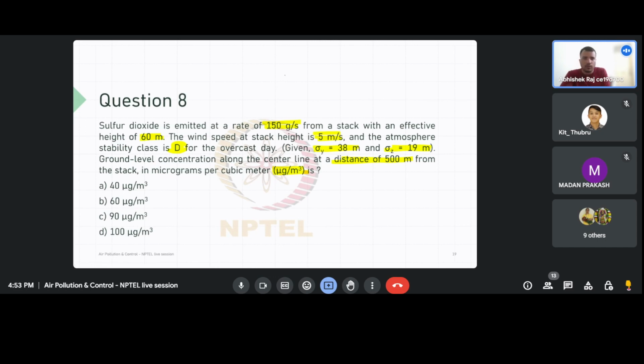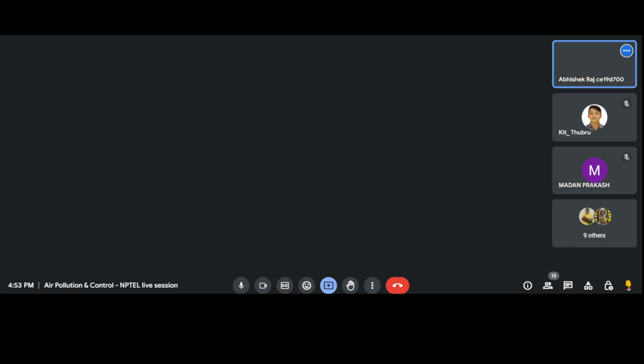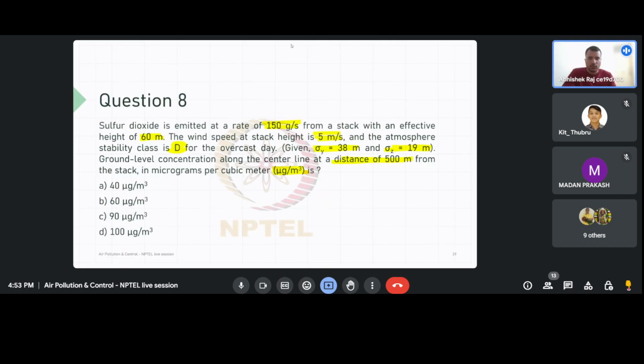So if we want to find the concentration of the pollutants, we'll have to use a certain equation for that. So let's see first what the equation is, then we will substitute the values in this.